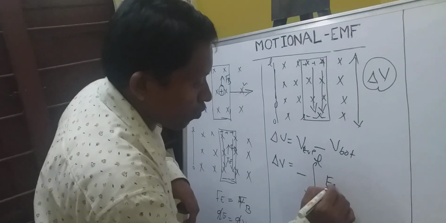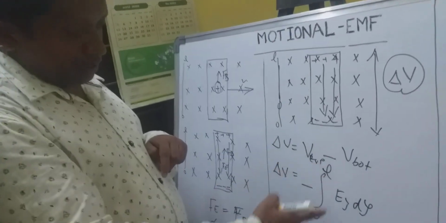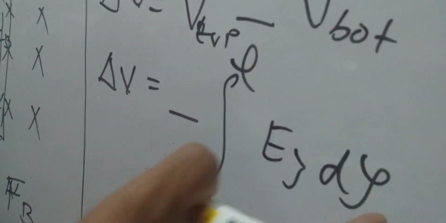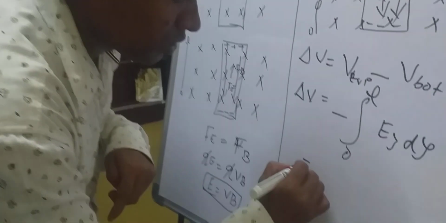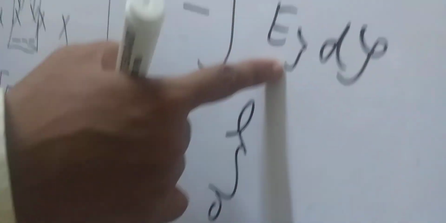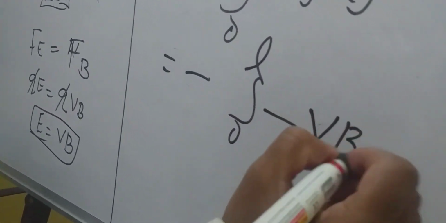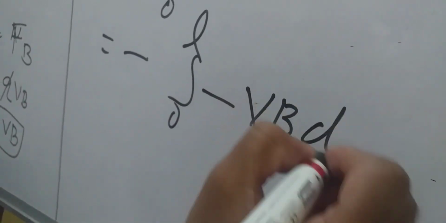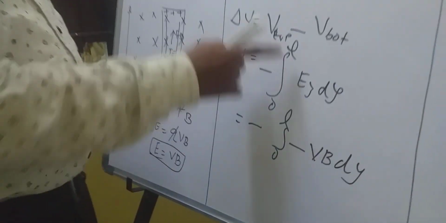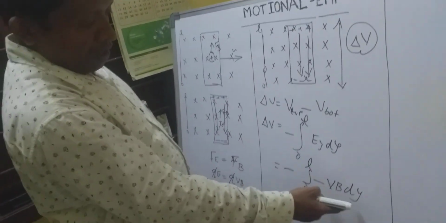The electric field is in the downward y direction, which is why I put y. E has the value vB, so E_y is minus vB. So delta V is equal to minus the integral from 0 to L of vB dy. I put the minus because this electric field is acting in the downward direction.